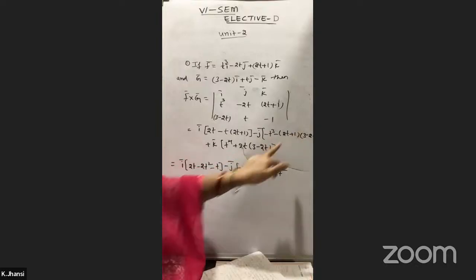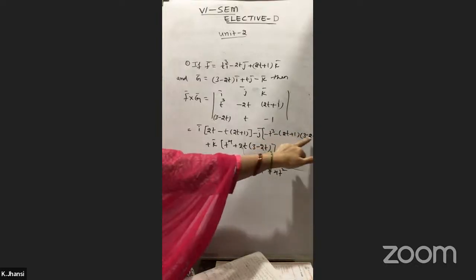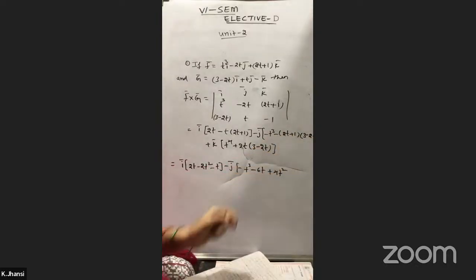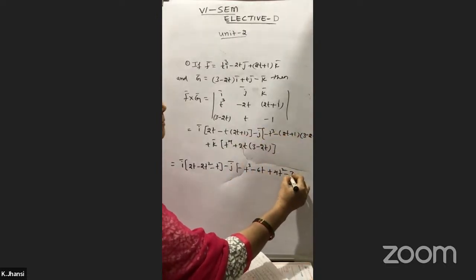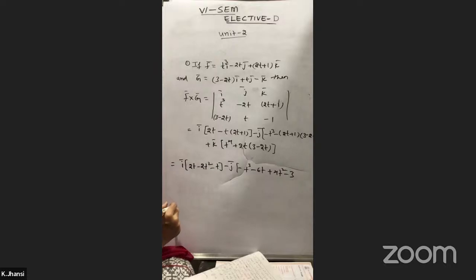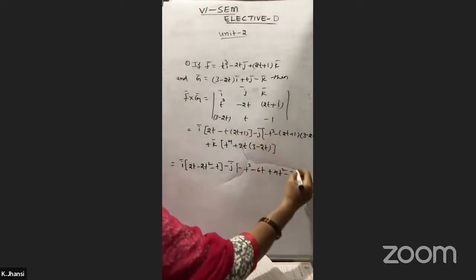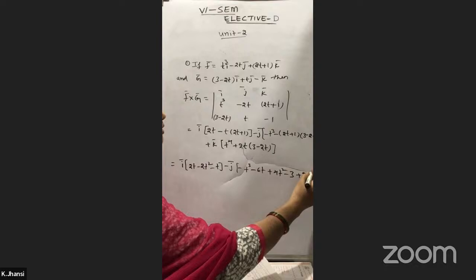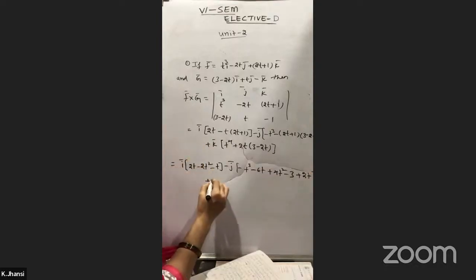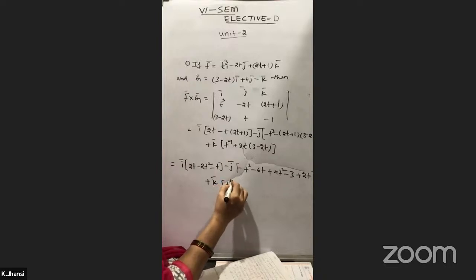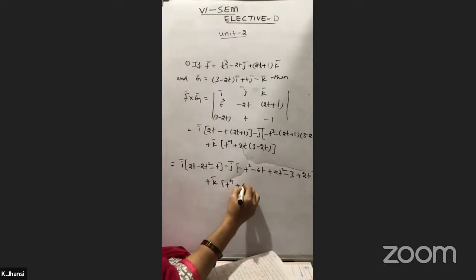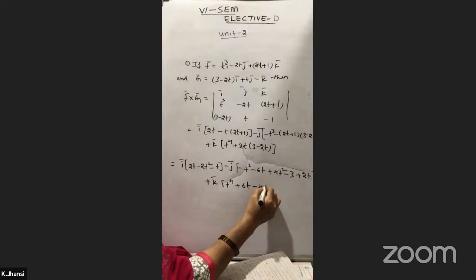Minus 2t into 3 means minus 6t, minus of minus is plus 4t square. Next, minus 1 into 3 means minus 3, minus of minus is plus 2t, plus k vector, k is t to the power of 4 plus 6t minus 2t into 2t, that is 4t square.